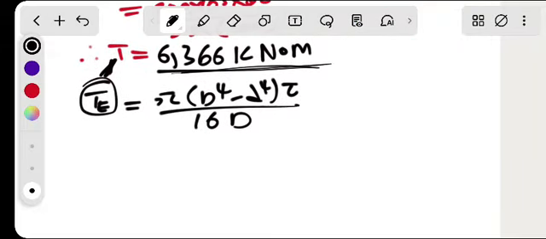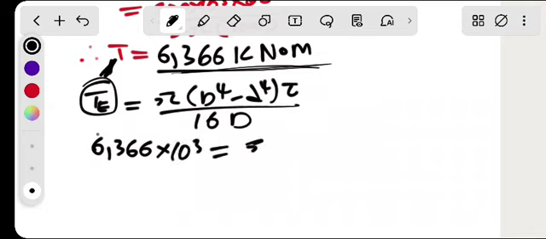All right, we now have a torque, so you can substitute it here. We have 6.366 times 10 to the power of 3 equals pi into D raised to the power of 4 minus the something they've given us. They've talked about the ratio.